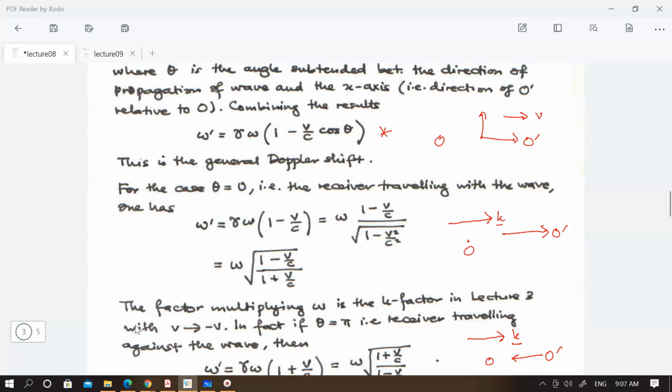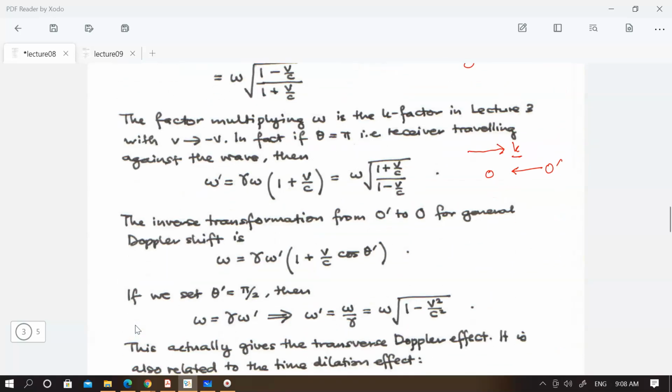You can do it algebraically, but the easiest thing to do is essentially to think of your frame O moving with respect to O dash, as if it's moving in the opposite direction. So this is minus V. One can just simply replace that formula starred before by minus V in the formula, and then you get this particular plus. So this is the inverse transformation from O dash to O.